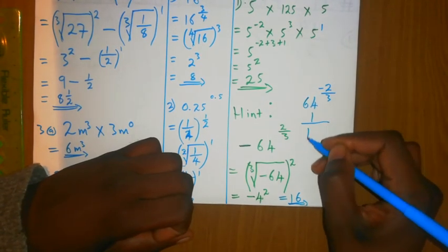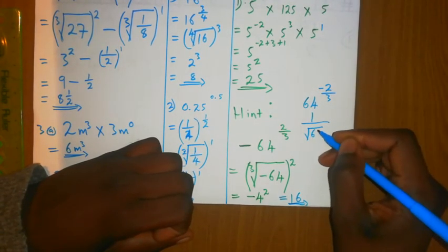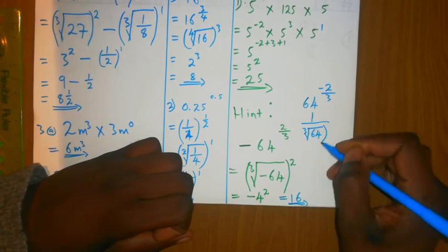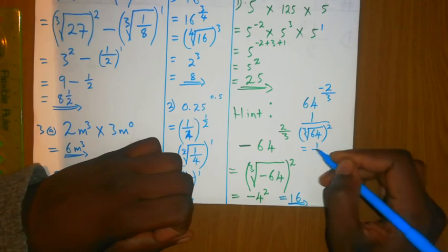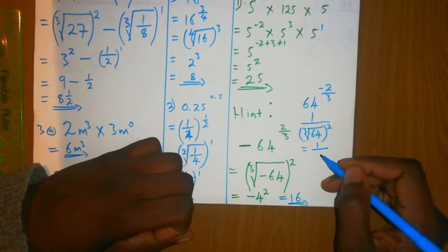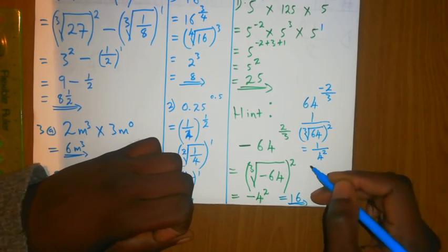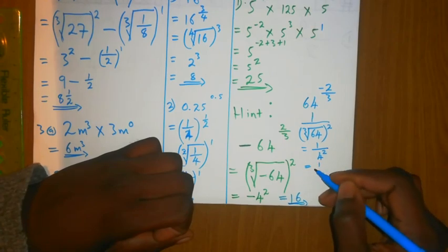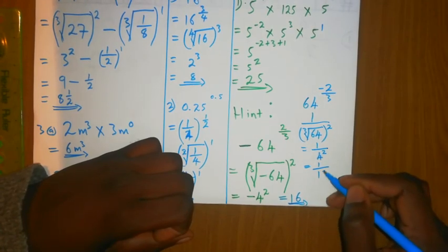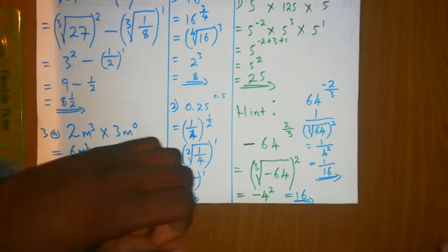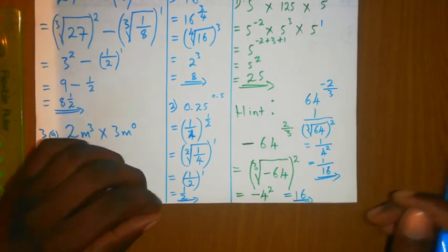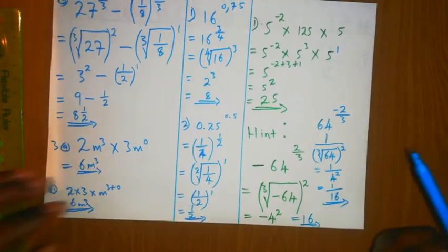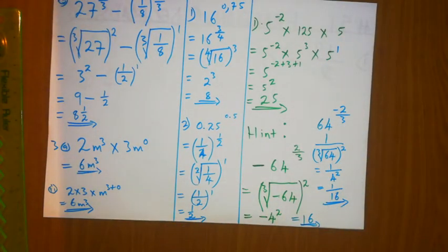It's 1 over the third root of 64, then to the power of 2, is equal to 1 over the third root of 64, that's 4 to the power of 2, that's equal to 1 over 16. That is your final answer. So take note of the key difference that is appearing there. Those tend to be some contradicting concepts when doing laws of indices.